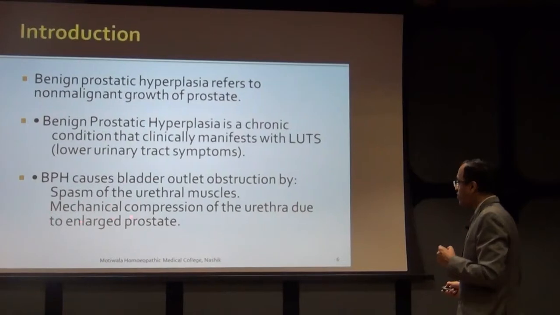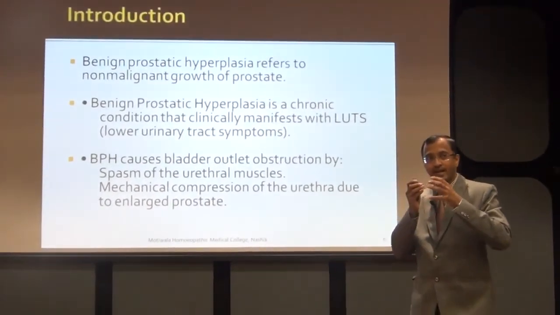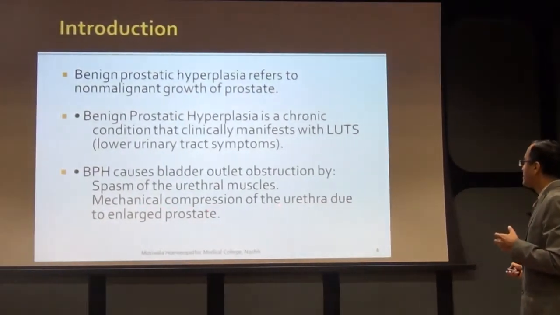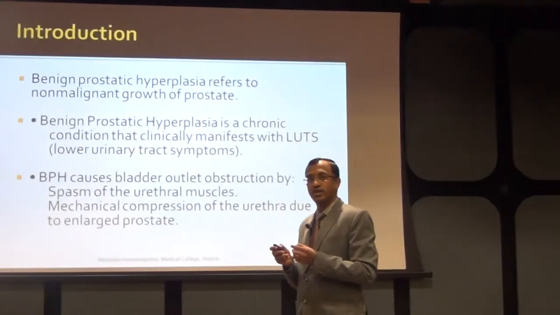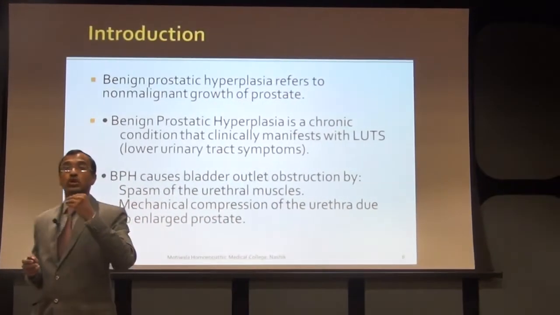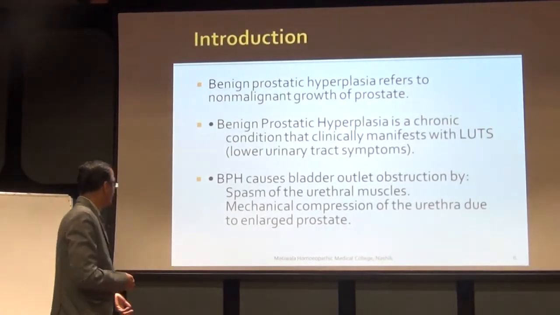And because of the enlargement, the prostate gives pressure over the surrounding tissue, so there is a mechanical compression of the urethra. The prostatic urethra gets involved and is the key cause giving rise to the various symptoms.